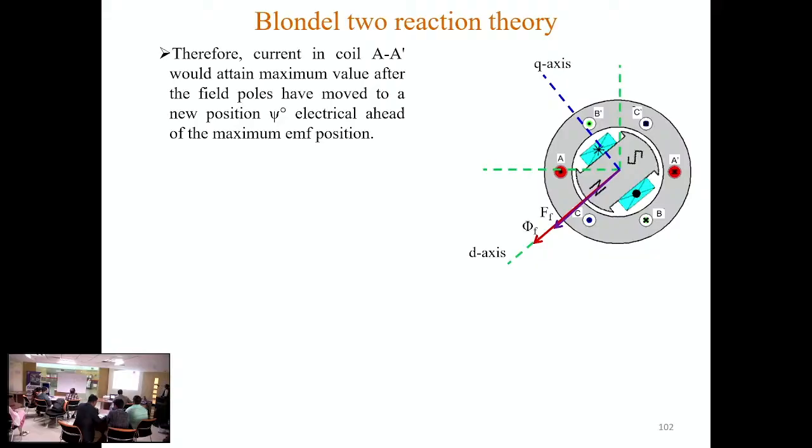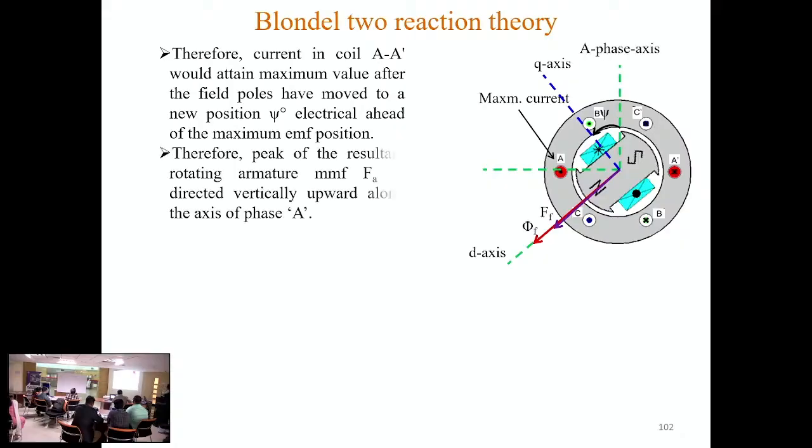Now if we consider this situation, the EMF is not maximum at conductors A and A dash, the current is maximum. In this situation, what will be the direction of that current MMF, IA or FA? It will be along the axis of A and A dash.